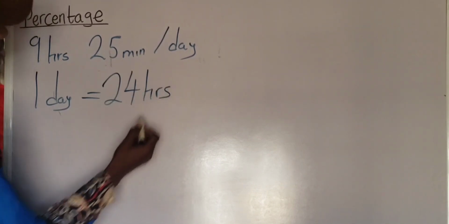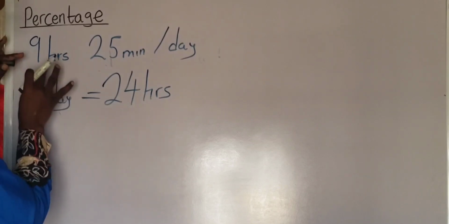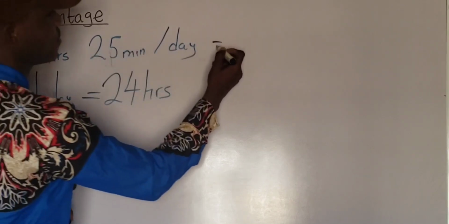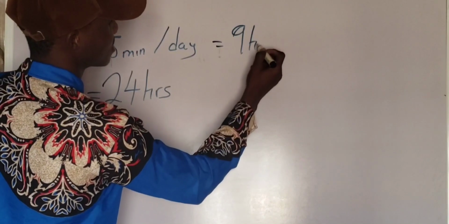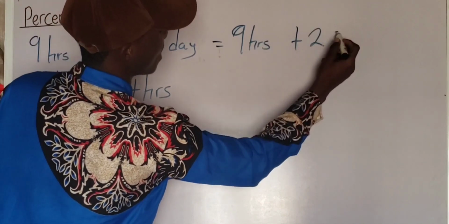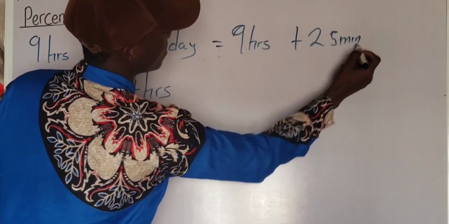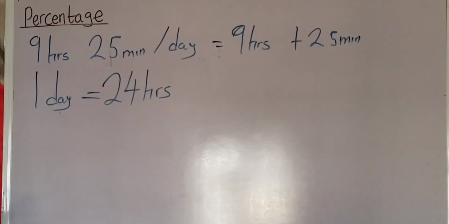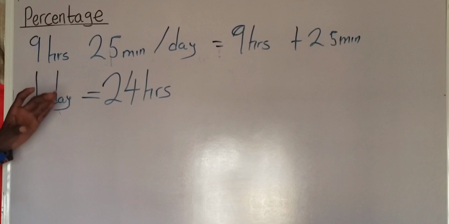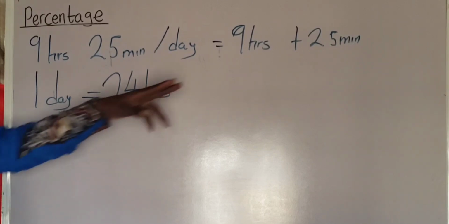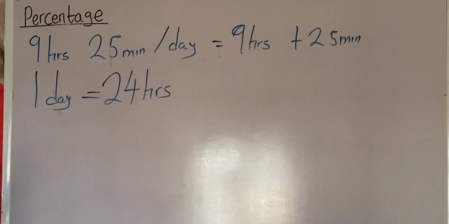24 hours. Now, 9 hours, 25 minutes is equivalent to 9 hours plus 25 minutes. Please pay attention and you're going to understand how to solve this question. For easy computation, let's convert these 9 hours to minutes.